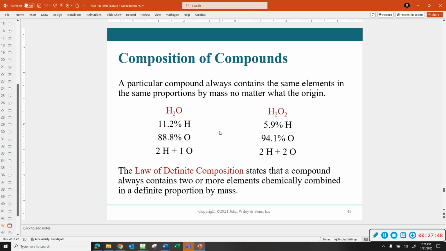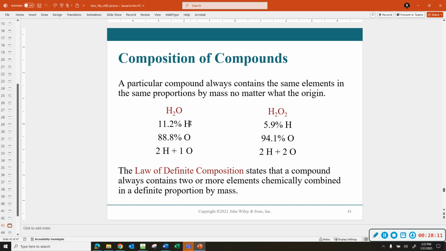That's our total mass, and that happens to be 18.02 grams per mole. So we take 2.02 grams and divide it by the total, and we get, out of the mass, only 11% of the mass is hydrogen. 16 divided by 18.02, which is the total mass of water, gives us 88%.